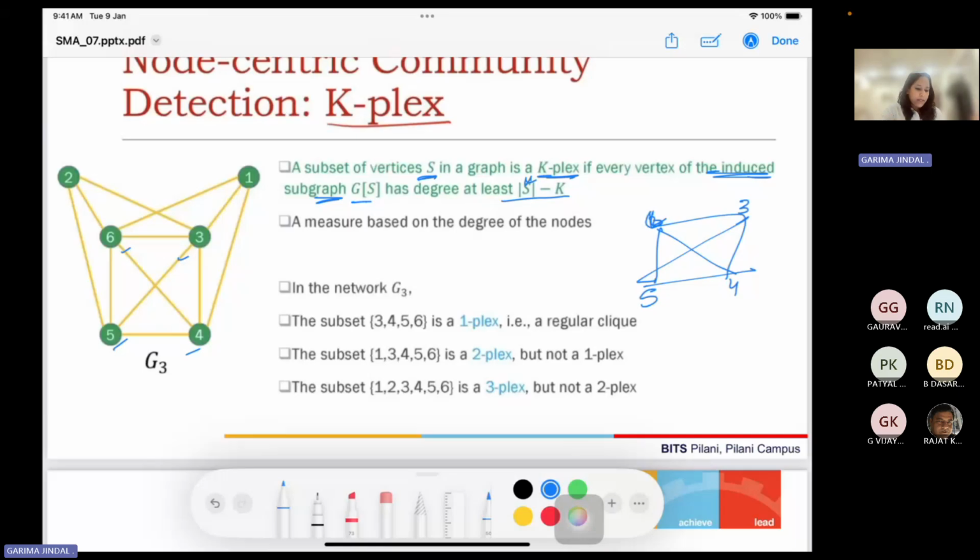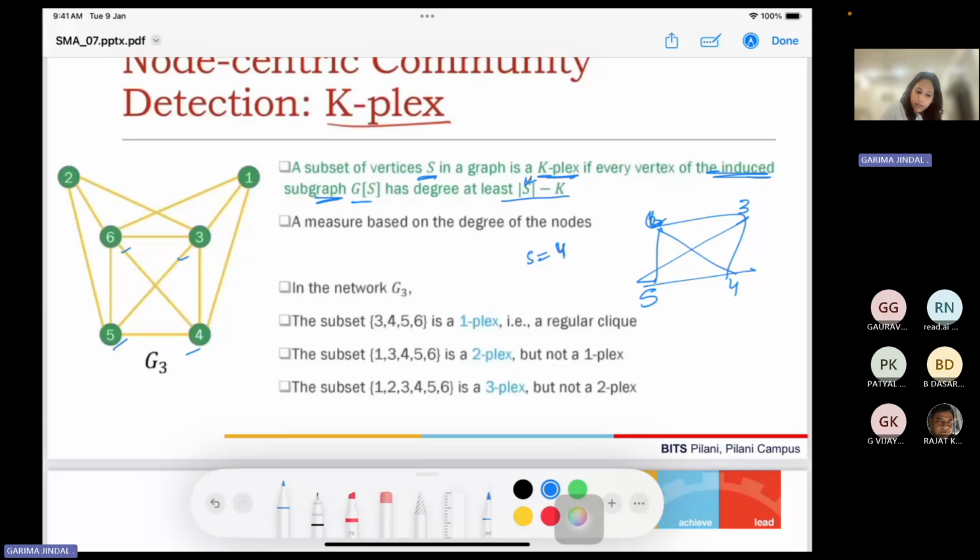So what is the size of this graph? Can anyone tell me? Size 4, meaning number of nodes. Yes, correct. The size of this graph is 4.